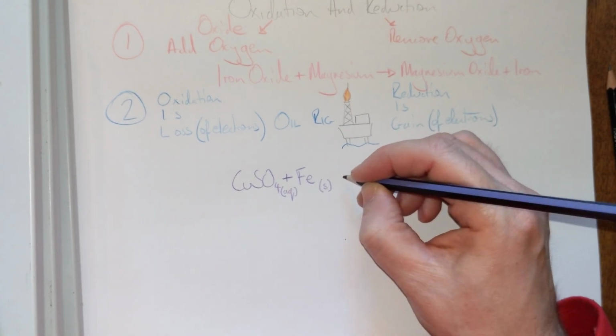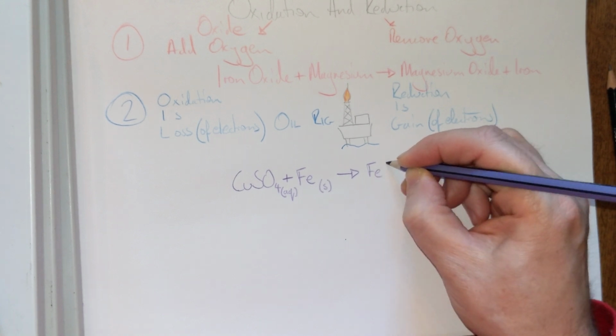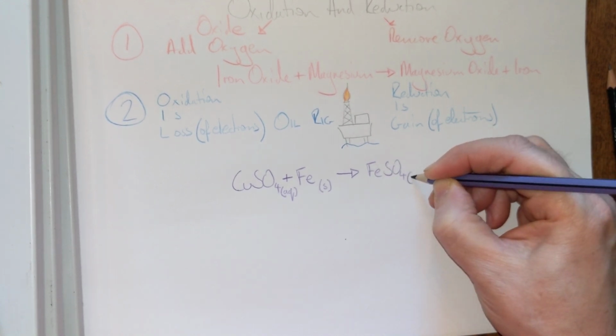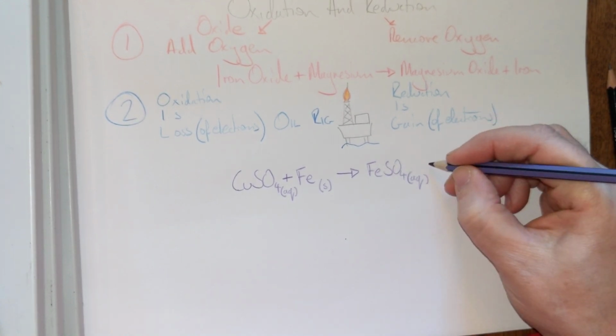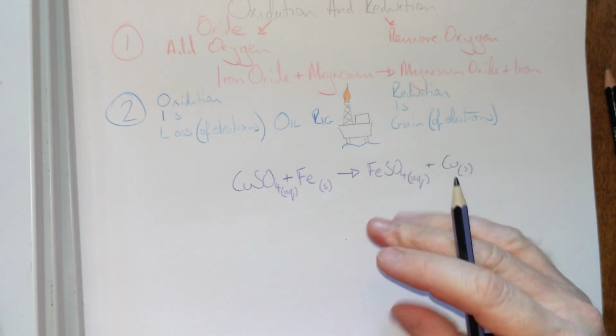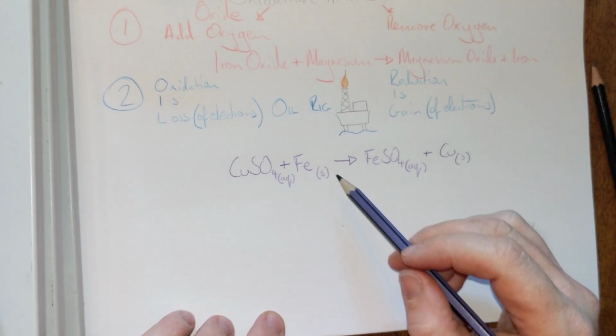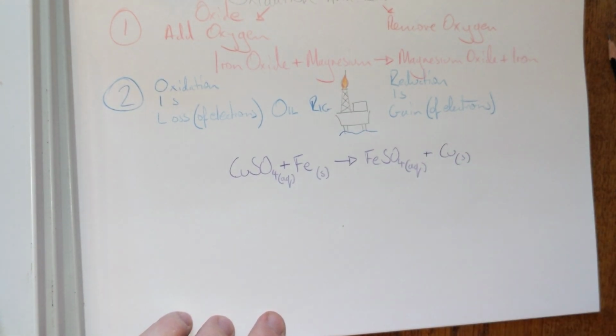Then what will happen is that we'll end up with FeSO4 aq plus Cu solid. Now, aq just means it's in solution, so it's a salt that's been dissolved. S means it's solid.